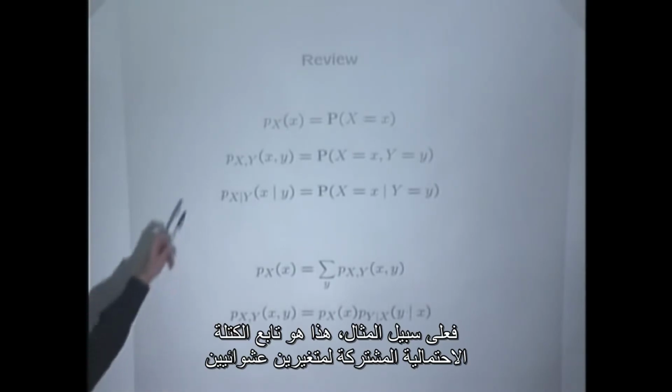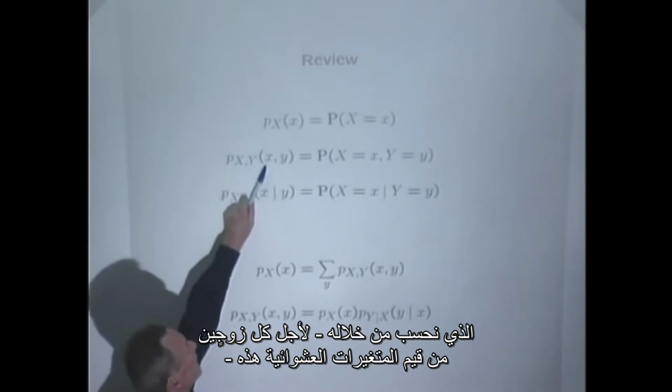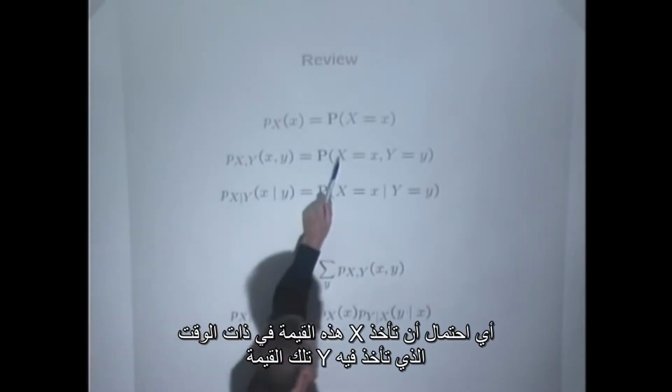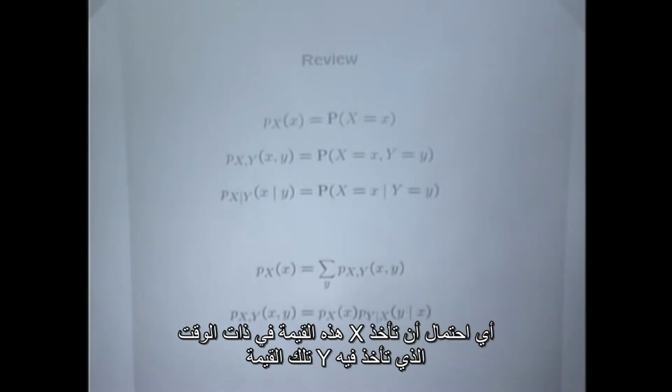So, for example, this is the joint PMF of two random variables. It gives us, for any pair of possible values of those random variables, the probability that that pair occurs simultaneously. So it's the probability that simultaneously x takes that value and y takes that other value.